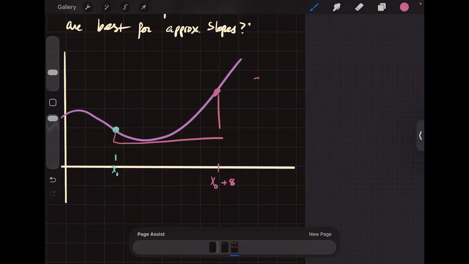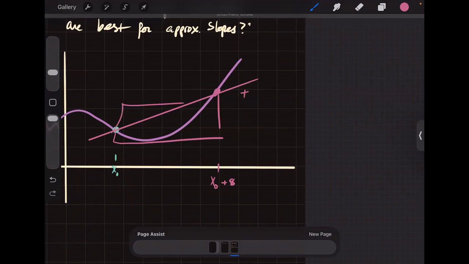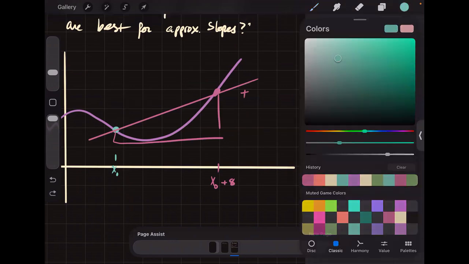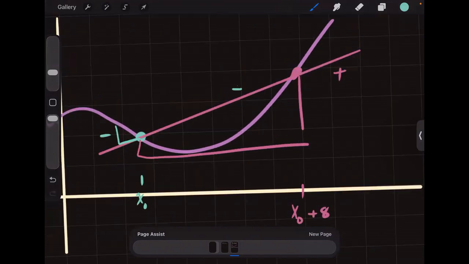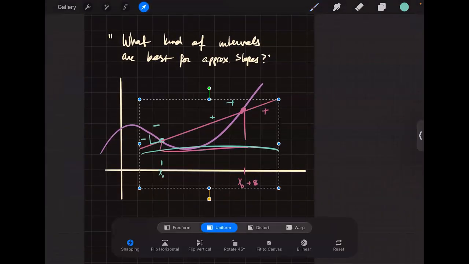If you approximate the slope going this way, you'll find that this slope is positive, it's going up, rise over run. But if you look at the slope here, it's actually negative. So you probably don't want an interval that's too far, or else this is decreasing, this is increasing, and that would do bad things.